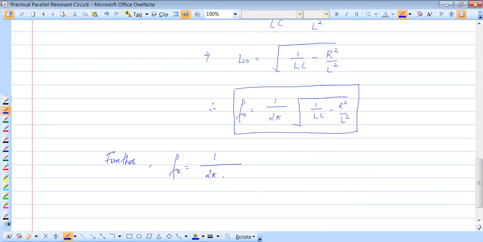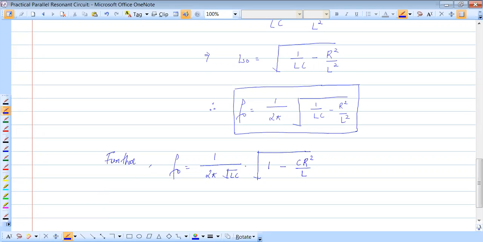I would like to take this root LC out. If I take root LC out, there is root LC in the denominator, so that's taken out. So from this particular term, you have 1. And from the second term, you have C R square divided by L.